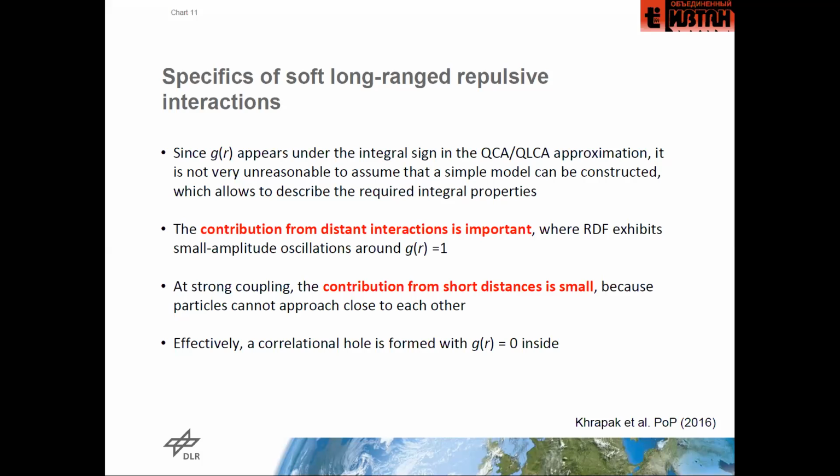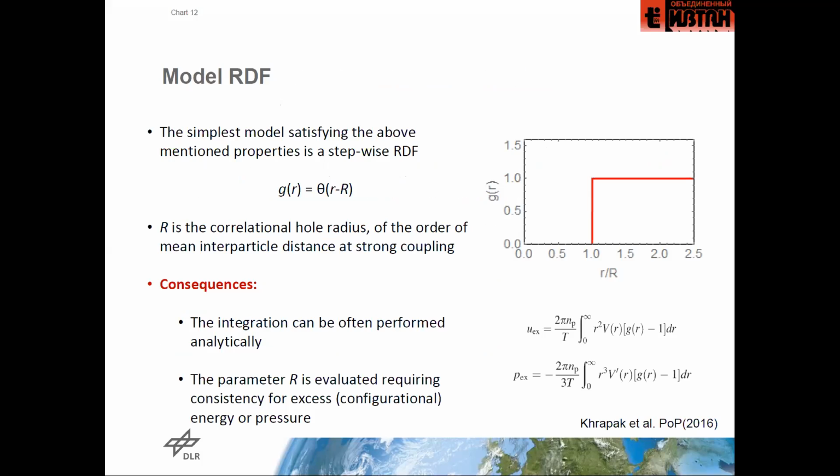Also, at strong coupling, when the repulsion between particles is strong, the contribution from short distances is small, simply because the particles cannot approach close to each other. So effectively, a correlation hole is formed with the radial distribution function equal to 0 inside this hole. The simplest model which satisfies these properties is just a stepwise radial distribution function shown in this figure.